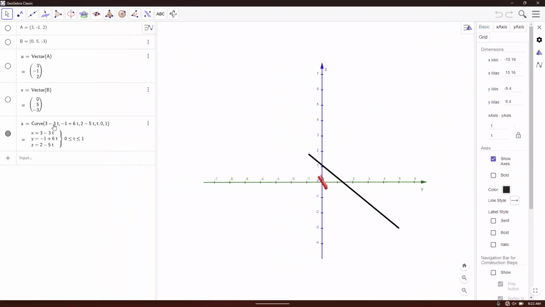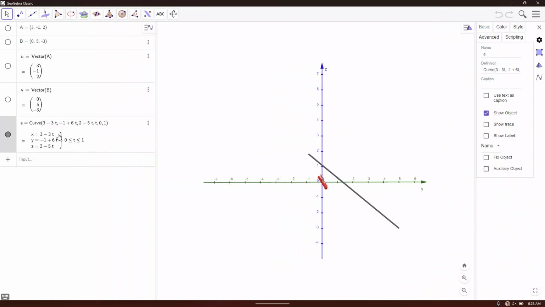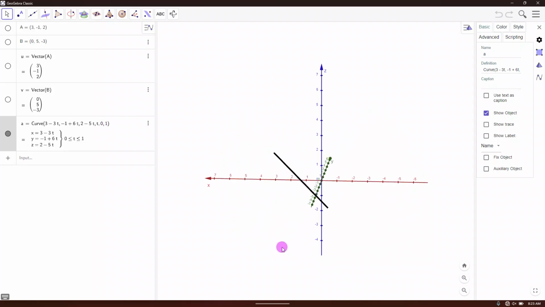So I have used the curve command right here to grab the line 3 minus 3t for example number 1, and negative 1 plus 6t, 2 minus 5t, and then the last three inputs here are the t by itself, which is just to declare the variable that we are working on, and the limit, which is 0 and 1. Well, as a result, I got this line in space.